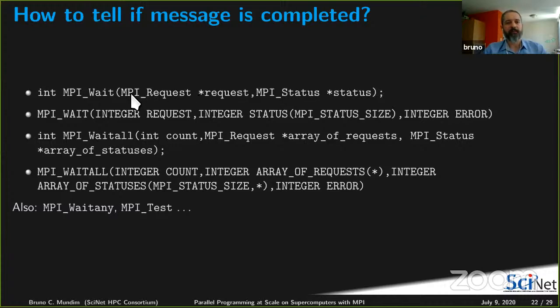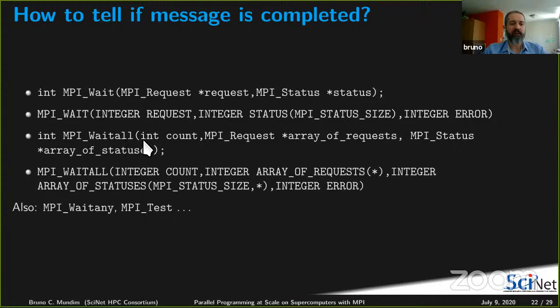It will block the execution of the code until all the communications are finished. So the MPI wait will just look at the request and say, okay, if this communication is done, let it go. If it's not, we have to wait until that communication is done.